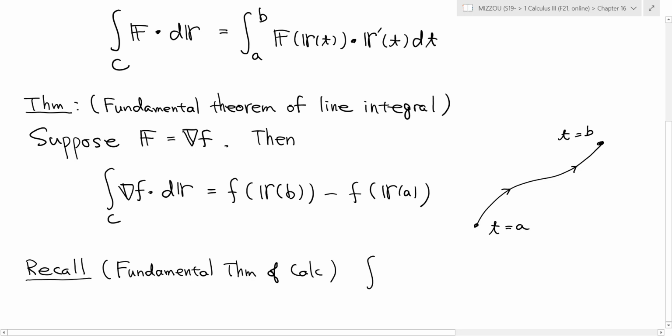Suppose you have an integral of some function, but the integrand happens to be the derivative of some function, and then in this case, the integral is obtained as a difference.